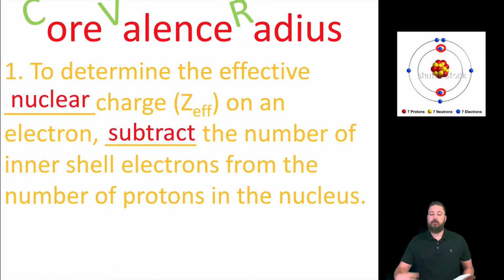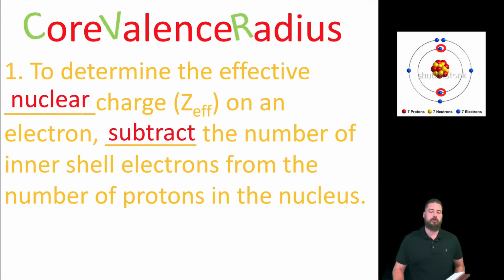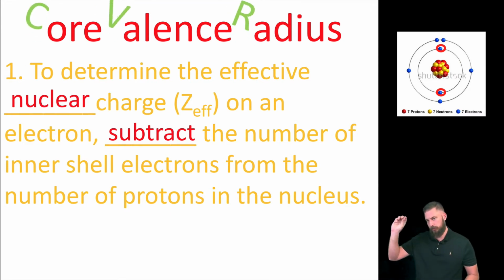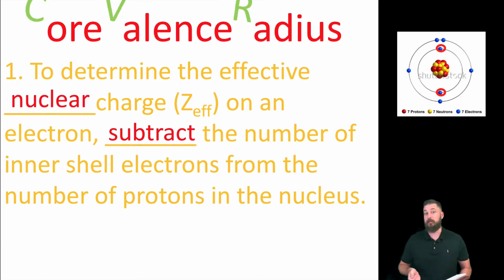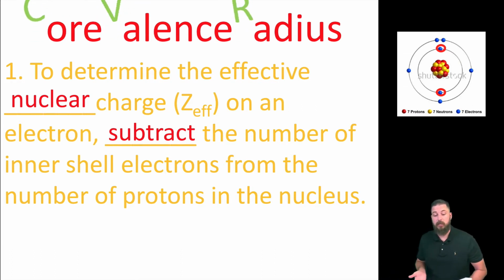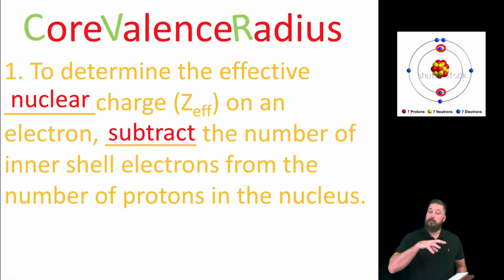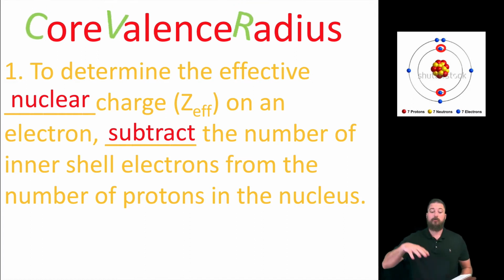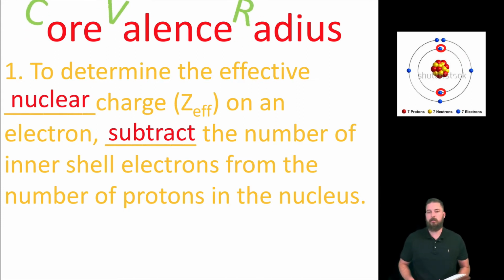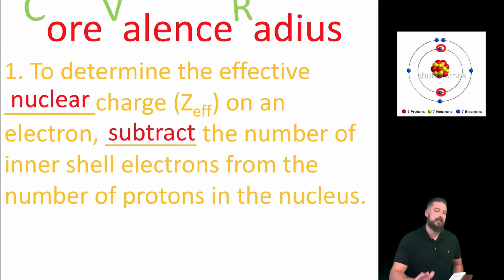And so what we do is we need to determine this thing called core charge or effective nuclear charge. And so to determine the effective nuclear charge on an electron, and again, we typically are talking about the electrons in the valence level, the outermost energy level, what you want to do is subtract the number of inner electrons from the number of protons in the nucleus. We're going to look at an example of this in a moment.